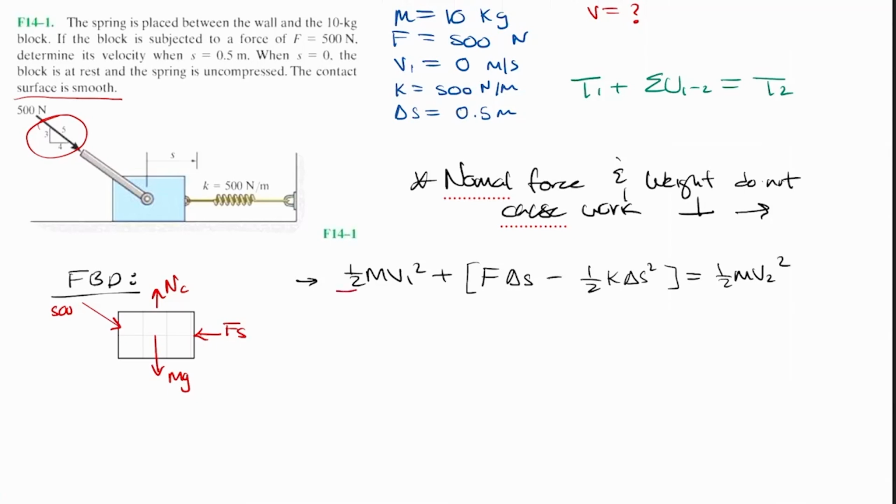Because we start from rest, this one goes to 0, right? So we can just rearrange that. So then the force, this will be 500.